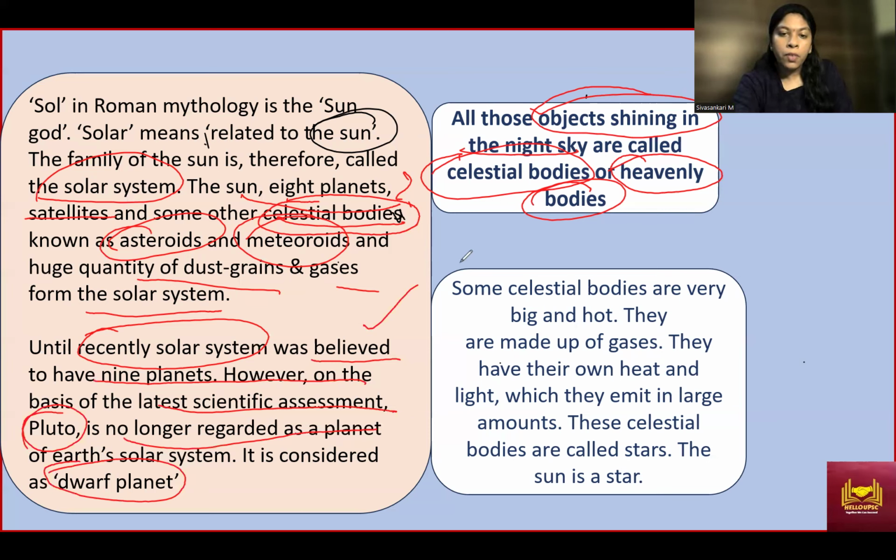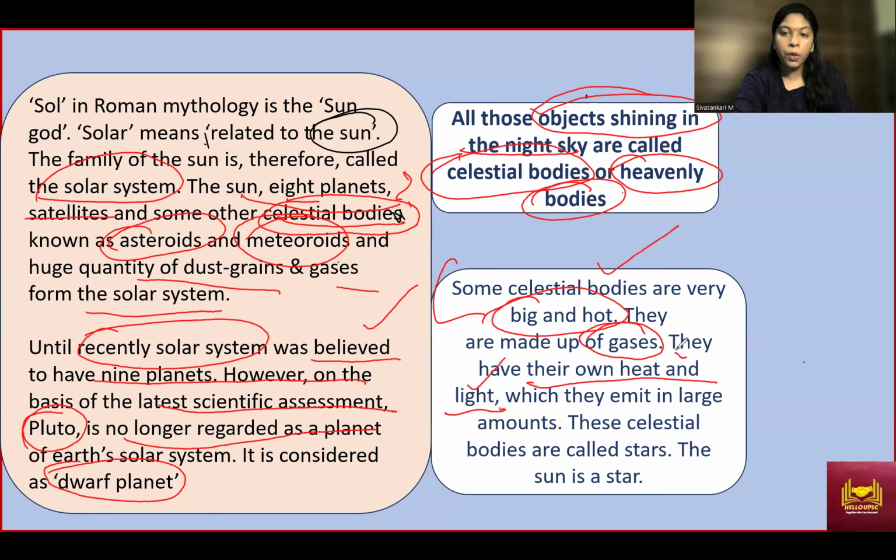Then some of the celestial bodies, I told, all that shines, some chamak, that we call a celestial body. And some celestial bodies are very, very big. बहुत बड़ा है, बहुत गर्मी है. Okay, and they are made of gases. They have their own heat and light.